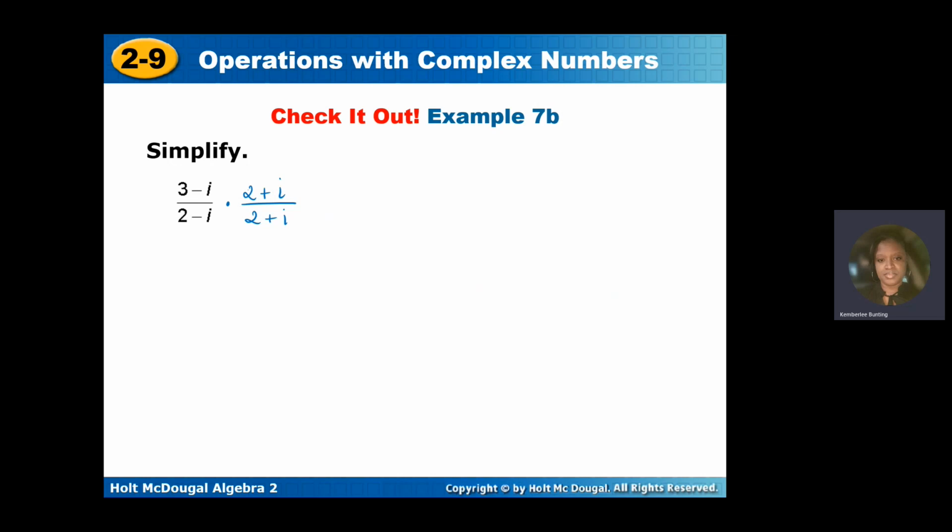Very nice. Can I get a 1 over 5i? It's the same thing, but I just want you to understand that you may see the answer like that. You good?